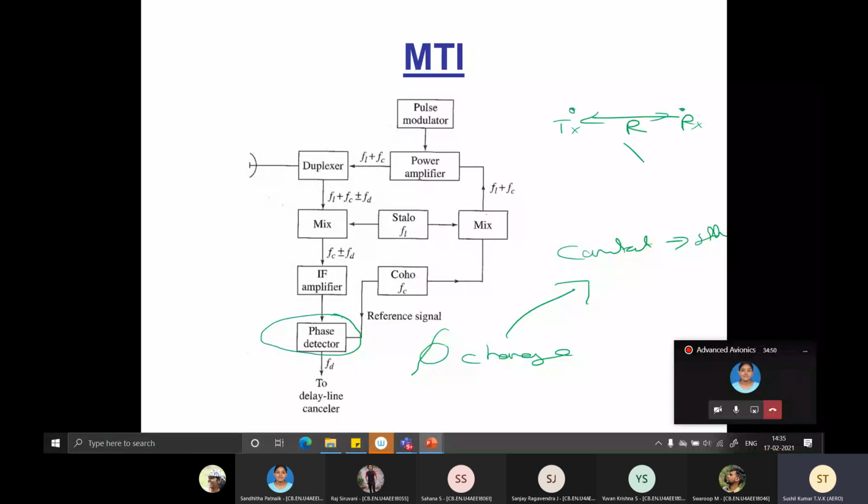And if you know how many lambdas are there in the two-way travel, you'll be able to estimate what is the phase difference between transmitted and incoming. So whether it's a stationary target or a moving target, there's going to be a phase change. Only thing is the stationary target is going to give a constant phase change, whereas the moving target is going to give a variable phase change.